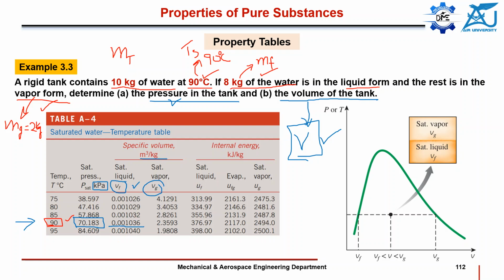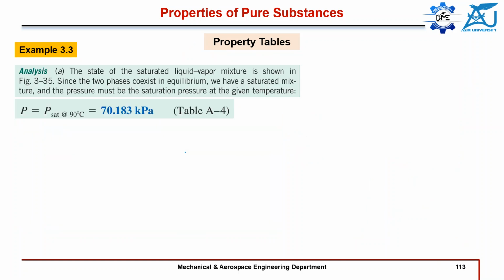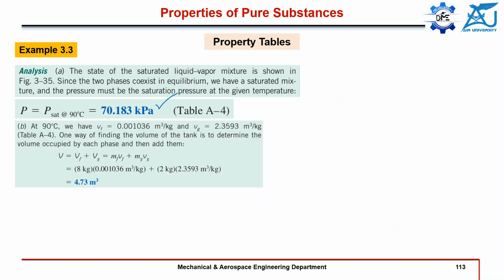Small v is 0.001036 meter cube per kg, and Vg is 2.3593 meter cube per kg. Okay, so what shall we do now? This is clear. I have told you the whole situation. Okay, now we know these values.